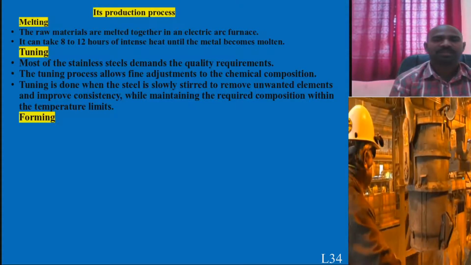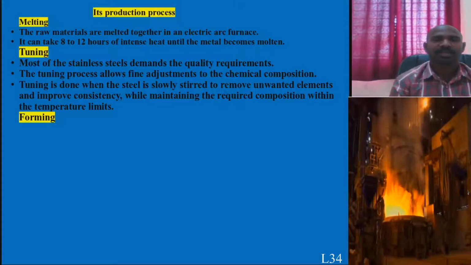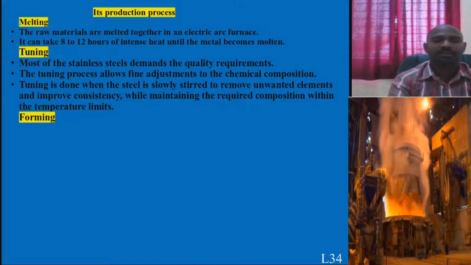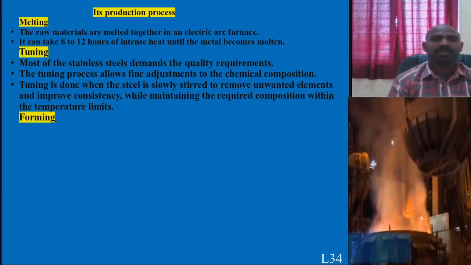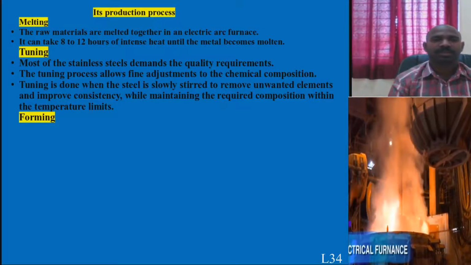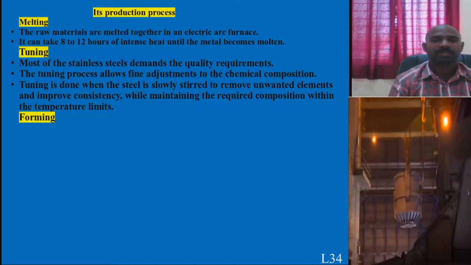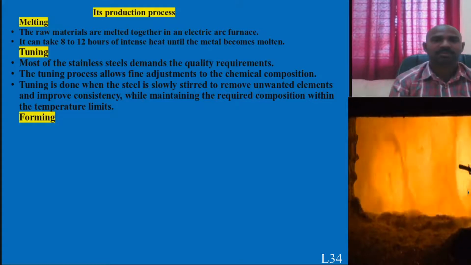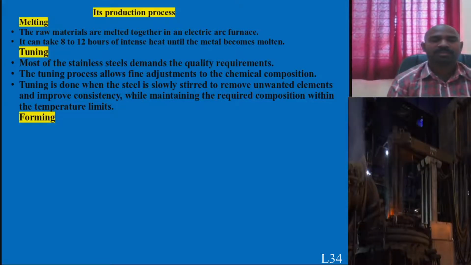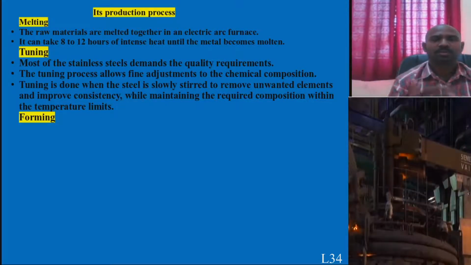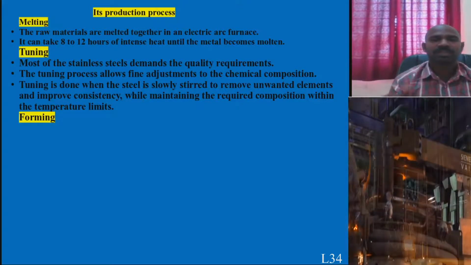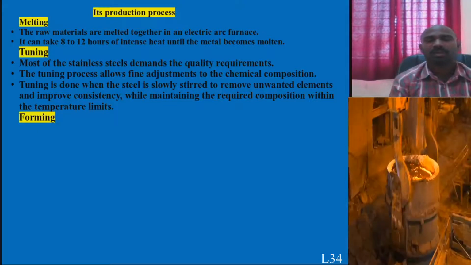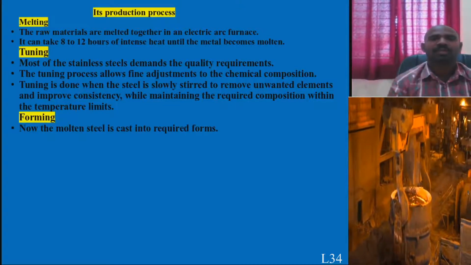Once the molten metal and tuning are done, it is ready for forming operations. Before forming operations, you need to take the molten steel and cast it. You take this molten steel in a ladle to the continuous casting shop in industry. It is cast in a variety of sizes.